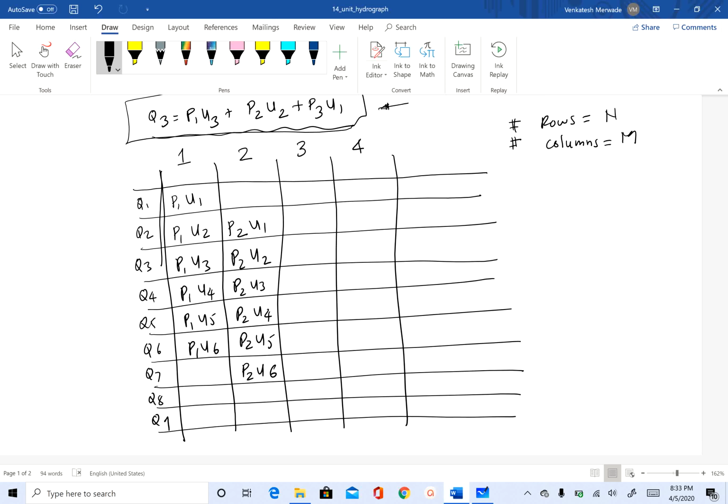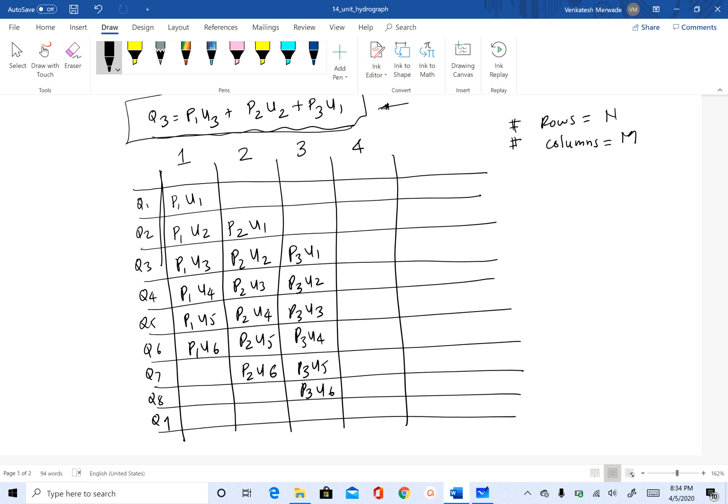Again, the same thing. For the third column, I will start in the third row: P3 U1, P3 U2, P3 U3, P3 U4, P3 U5, P3 U6.